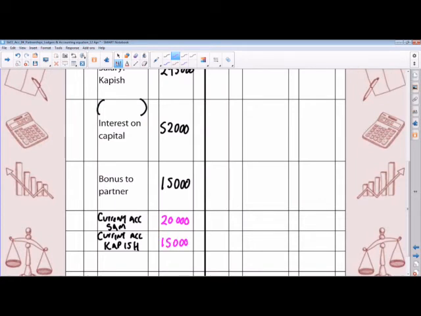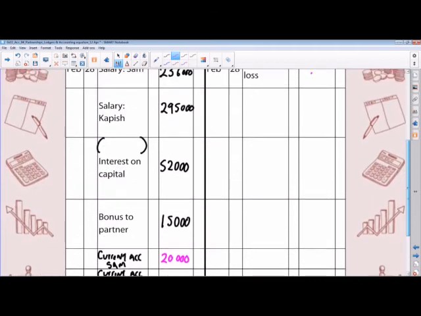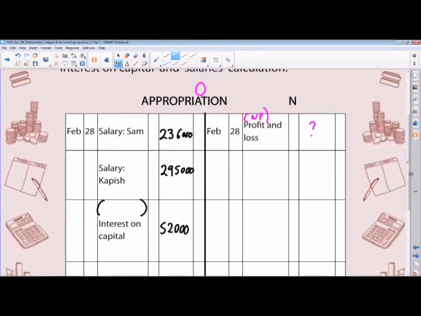Okay, right, last part of this account, appropriation. So profit and loss, what is this amount? For now, I put a question mark, but I'm going to now take out that question mark. There we go. And let's now calculate what is the net profit.